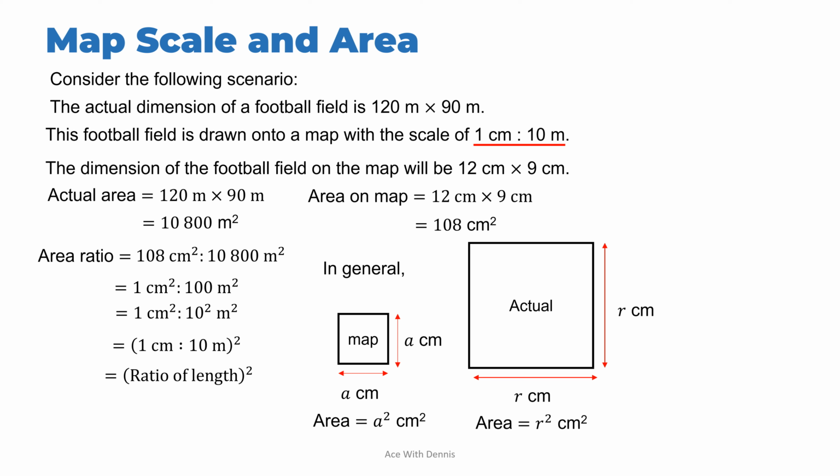So the area of this actual square is r square centimeters square. The scale is a to r. The ratio of area will be a square to r square. As we can notice here, to get the ratio of the area, we can just square both quantities of the scale.